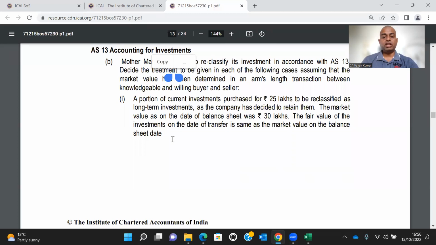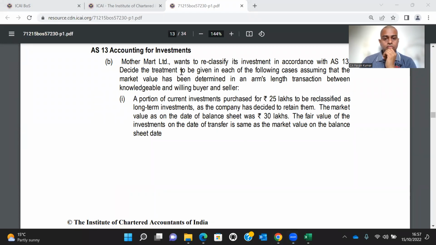Who's gonna read? Aishwarya, you're there? One Aishwarya is there, one Aishwarya is not there. So who will read this? Kavi, can you read this? Yes, sir.